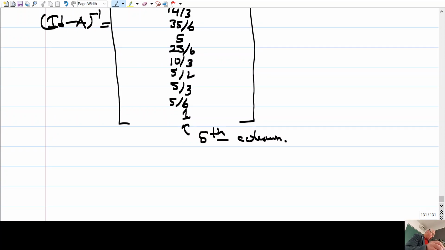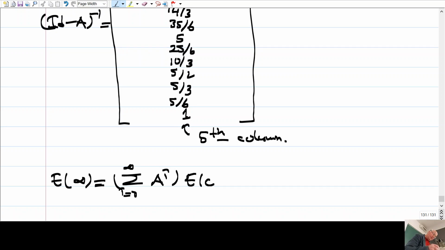Hence, E infinity, the limiting probability, is just the sum over i from 0 to infinity of A^i times E0, which is identity minus A inverse times E0.